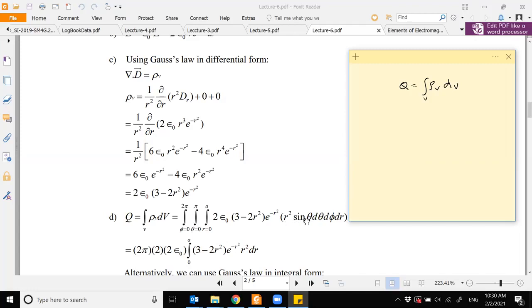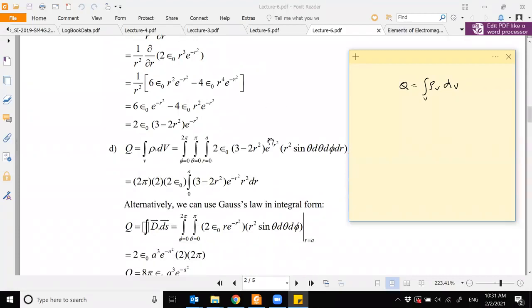Therefore dV will be r squared sine theta, d theta, d phi, and dr. And what are the limits? Phi goes from 0 to 2 pi, theta goes from 0 to pi, and for r, because it's of radius A, it goes from 0 to A. If you do this integration, you will get the answer.